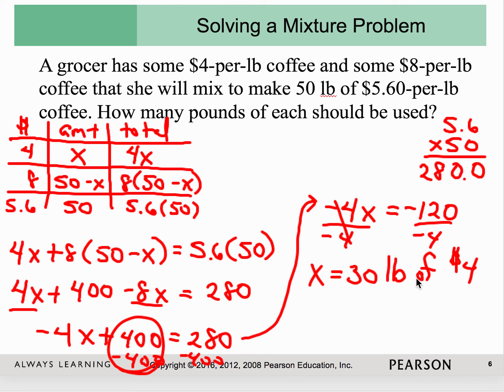And she's going to mix it with 50 minus 30, 20 pounds of $8. Okay, so anytime you have a mixture problem, you can use that little table to help you come up with your equation.